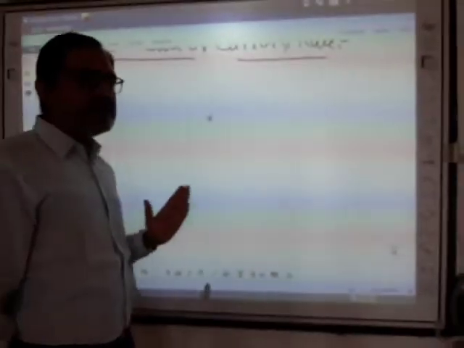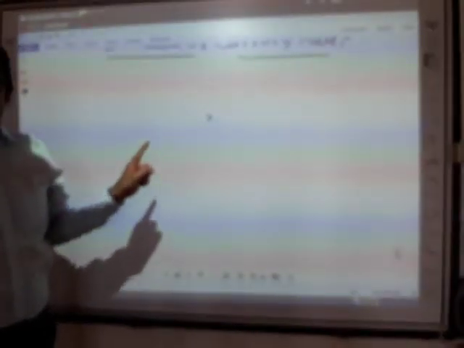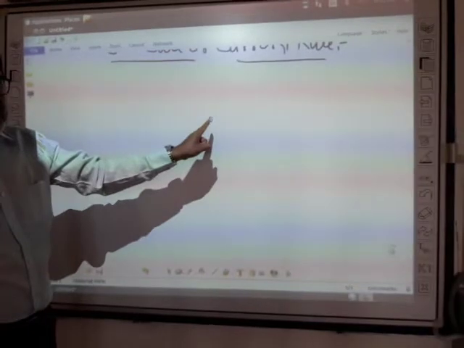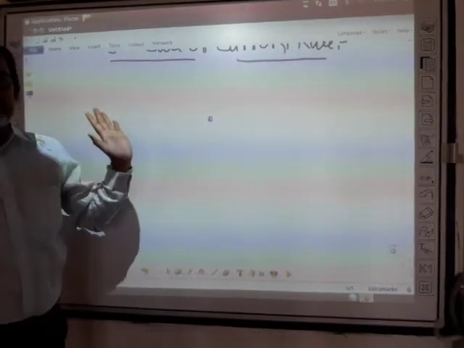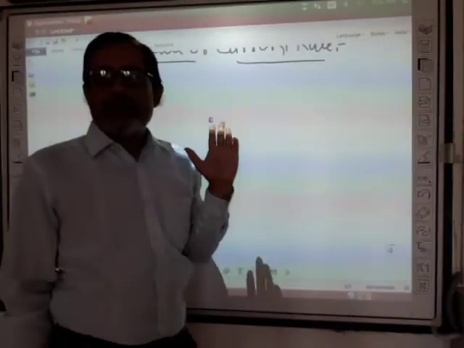So Kirchhoff says that the algebraic sum of all currents which meet at a junction and leave the junction remains constant, or zero.